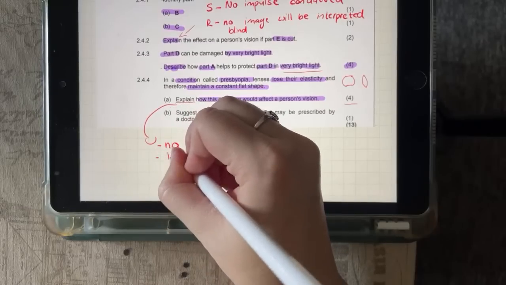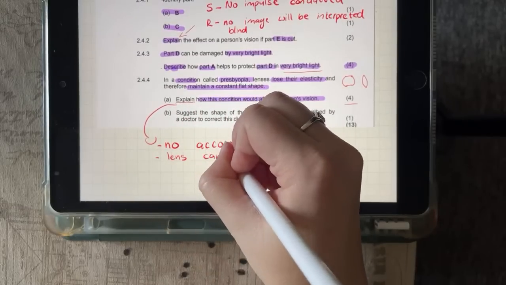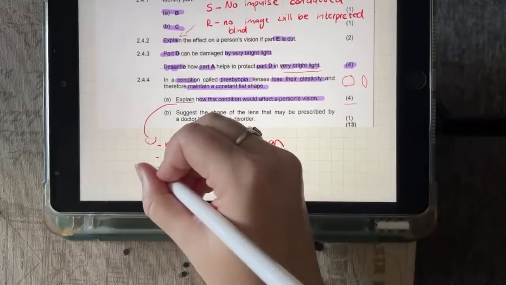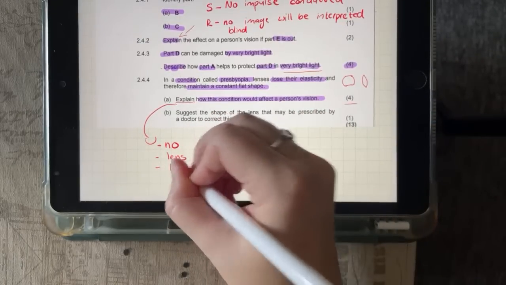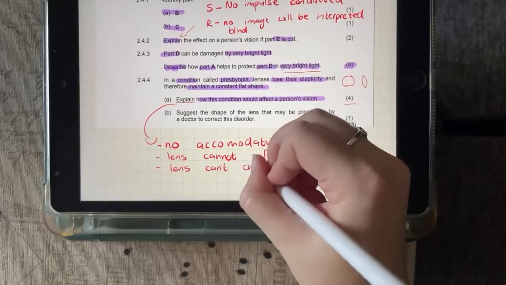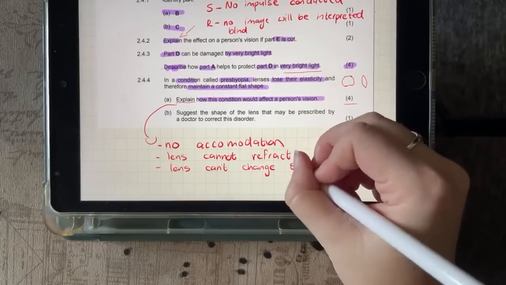The lens cannot refract, which means the lens can't change shape.